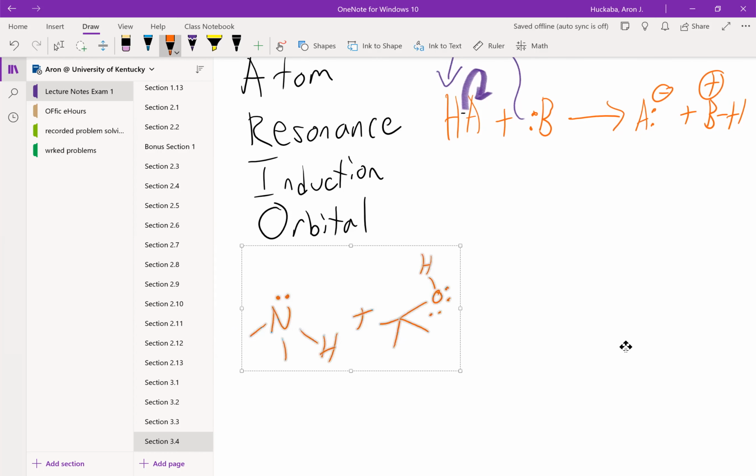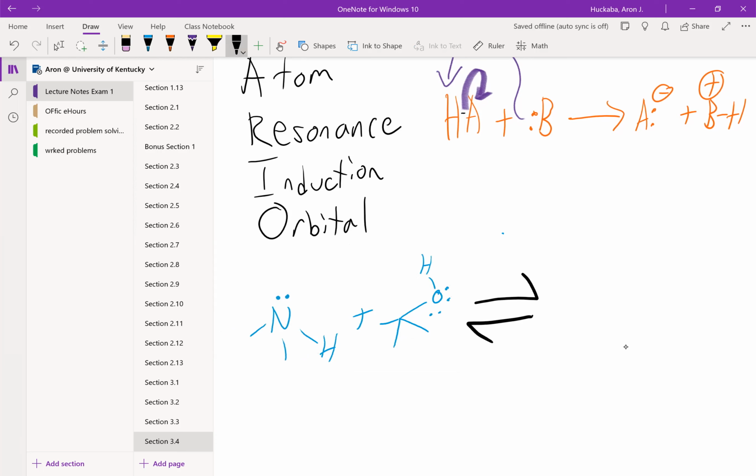How do we do that? Well, it's kind of hard to say because at the moment we don't know which of these molecules is the most acidic, do we? We know that both have a proton that could be taken and both have a lone pair that could act as a base. So what we need is a way to determine or qualitatively compare which of these might be the most acidic.